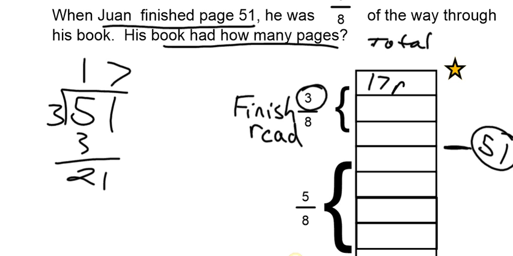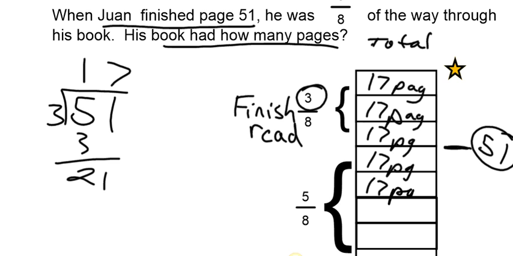So now we can continue to fill in our ideas. We're going to write 17 pages all the way down, now that we understand that's our division of the 8 different parts.